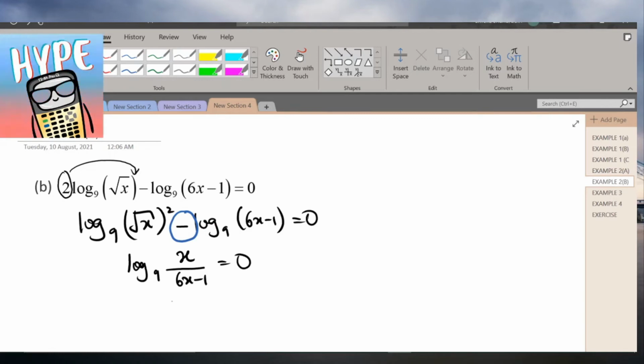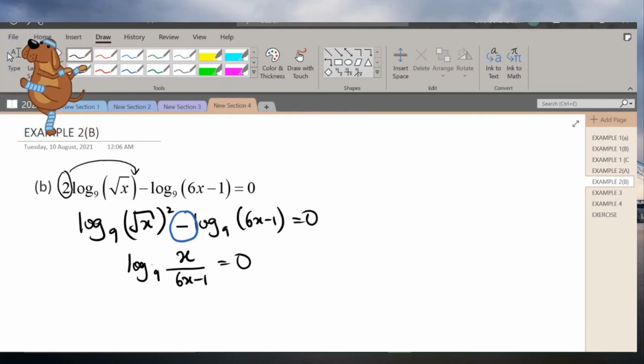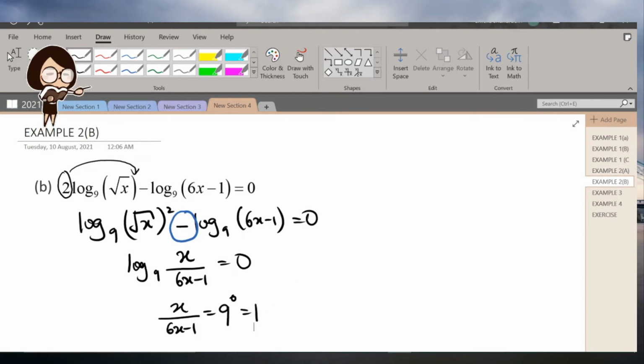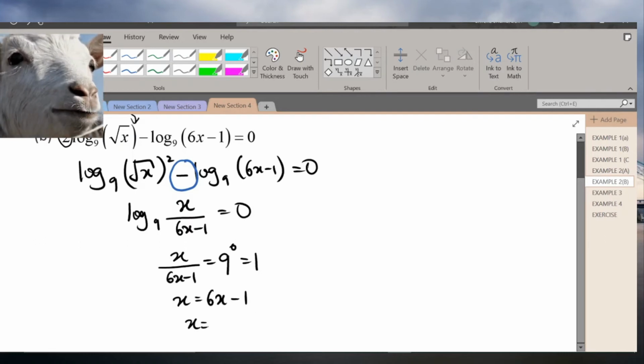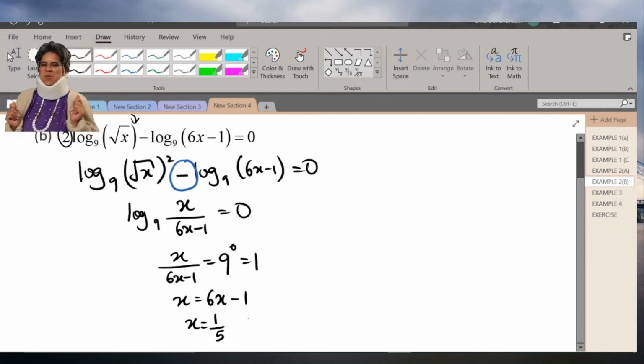So next is we can get rid of the log base 9 term, and this will be x over (6x minus 1) is equals to 9 to the power of 0. So any number to the power of 0 will be 1. So let's continue our working. This will be x is equals to 6x minus 1, and x is equals to 1 over 5.